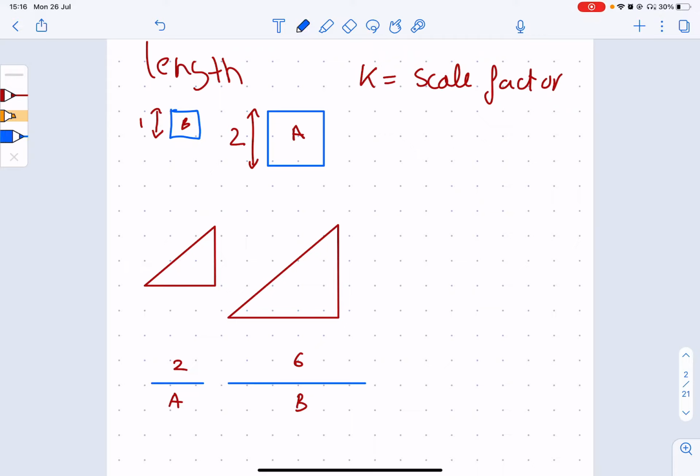So for example, if we were told that for shapes A and B, B is twice the size of A, the scale factor in this case will be 2. So what about if we were told that it was even bigger and that B happens to have a length of 12, whereas A has a length of 3?